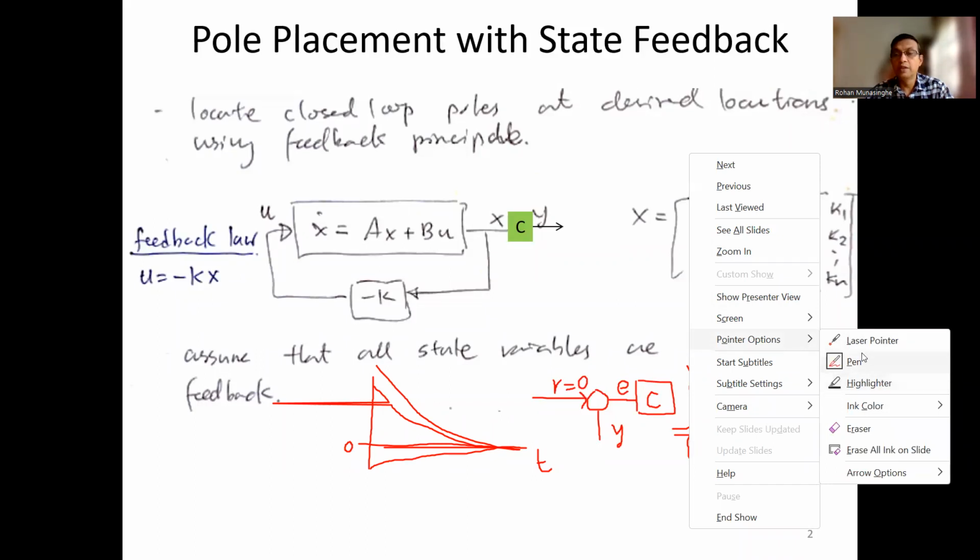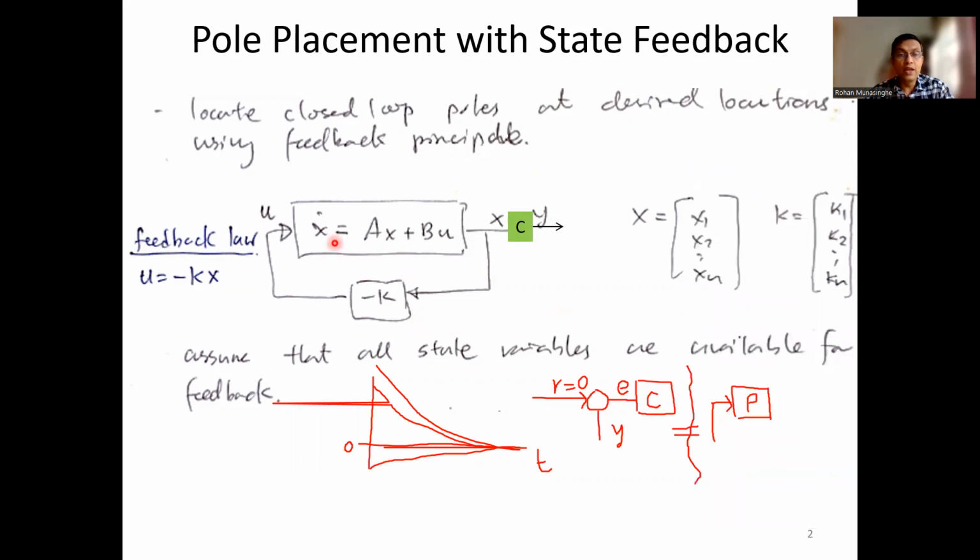Regulator problem, right? So you have the plant, and the objective of the plant is to maintain the output state variables y at a fixed value. And here, without losing generality, we call the fixed value 0. But when I say 0, it is a relative 0, right?